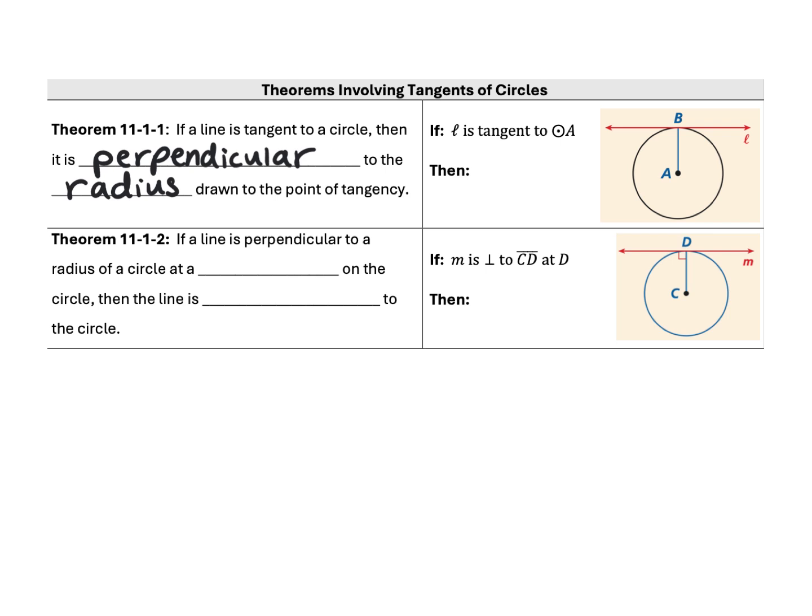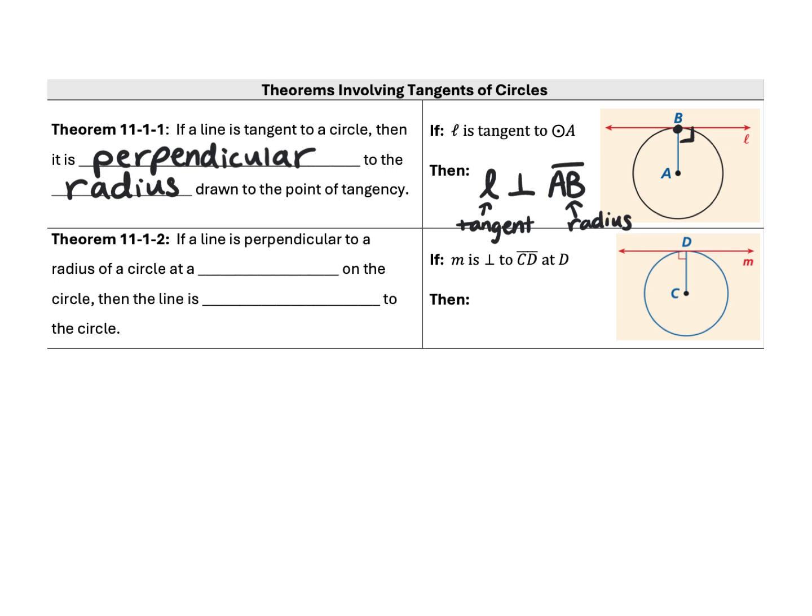So in this picture, you can see that line L is tangent to circle A. We would then be able to make the conclusion that L is perpendicular to radius AB. So L is that tangent line, and AB is the radius at that point of tangency, point B. So that makes a 90-degree angle.